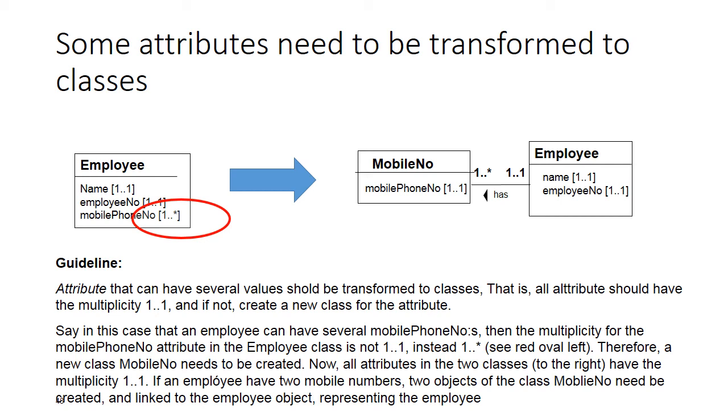If you go from employee to mobile number, you can see that the multiplicity is one to many, which means that one employee object can have many mobile numbers at maximum. So this was the way to handle that you want an attribute to have several values.